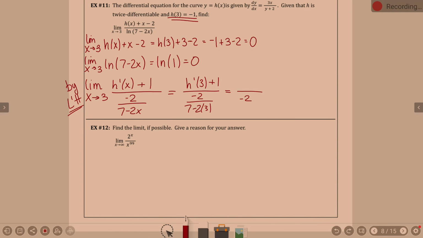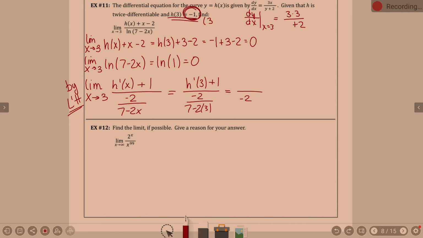Numerator, what's h prime of 3? We have to evaluate dy dx at x equals 3. So 3 times 3 over y plus 2. What's the y value? Remember the ordered pair, h of 3 equals negative 1.